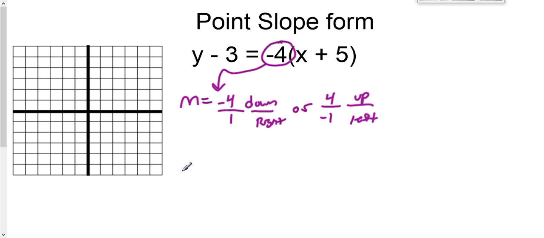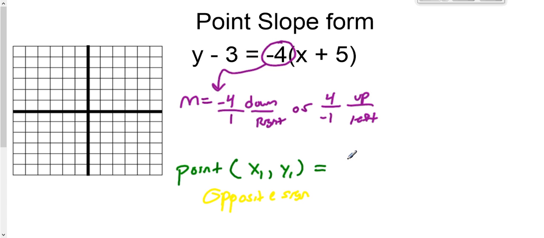Where we're going to start is actually at a point. That point is going to be whatever x1 and y1 happen to be. What we have to remember is we have to take the opposite sign. So for instance, the 5 right here, that's x.